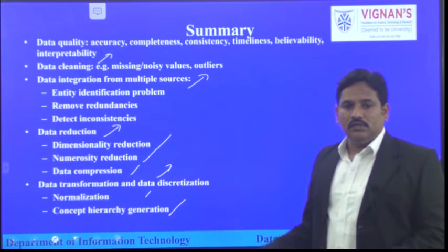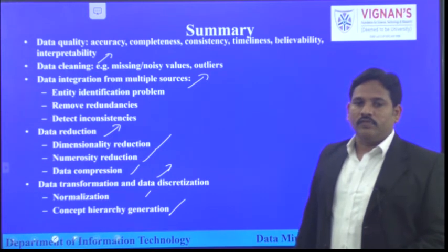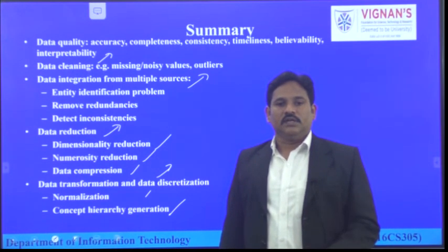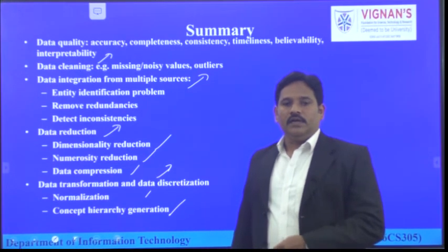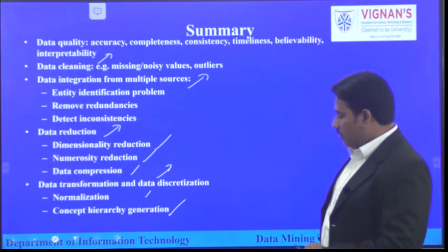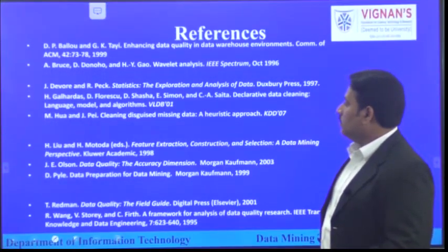In addition to this, we have seen statistical measurements of the data, either central tendency, or measuring the median and dispersion of the data. So these are the concepts we covered in this session.